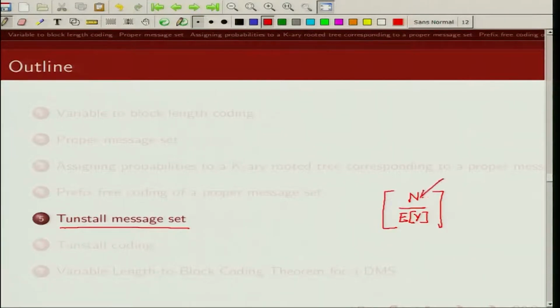This is the output codeword length, and this is the input to the block encoder. Because n is fixed, I want to maximize my expected value of Y. So I would like to parse my source into sequences such that my expected value of Y is maximized.